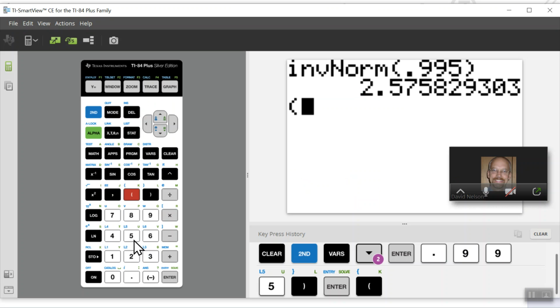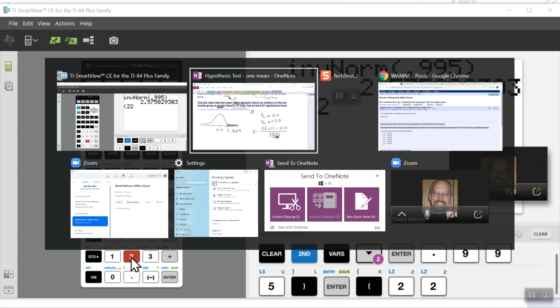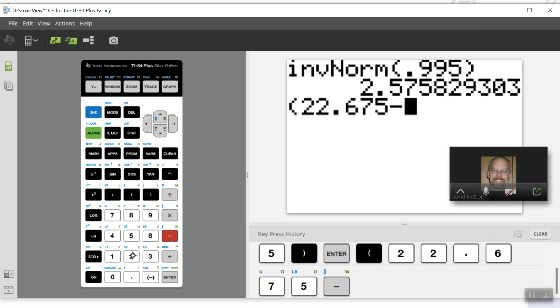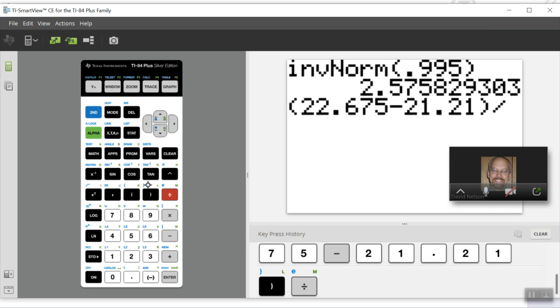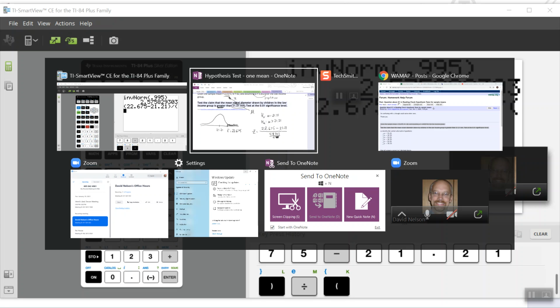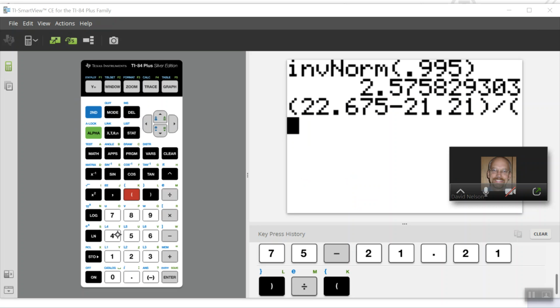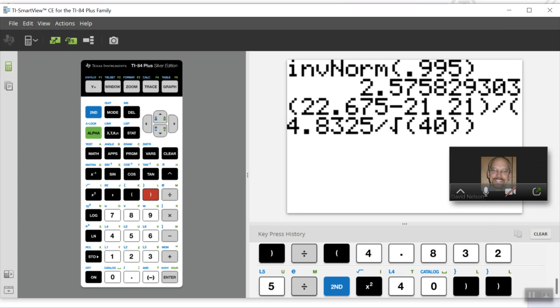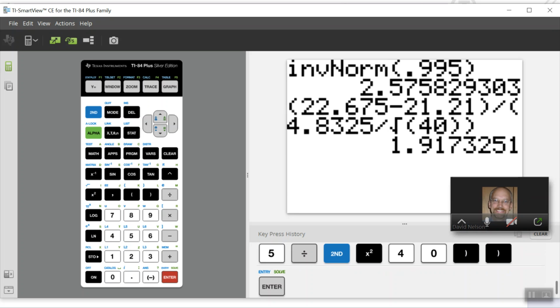I have 22.675 minus 21.21 divided by, and this has got to be in a set of parentheses, 0.48325 divided by the square root of 40, and then close the parentheses, and I get a z-score here of 1.9173, or 1.92. Let's just round to 1.92. That's how we'd have to do things if we're using the table in the textbook.